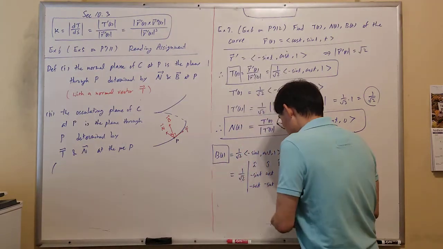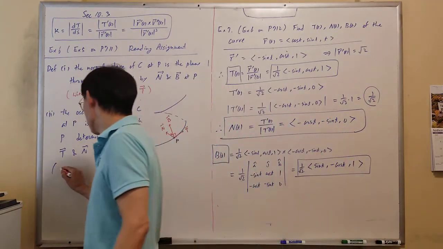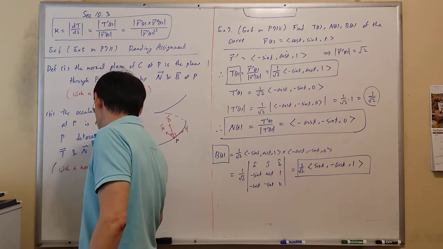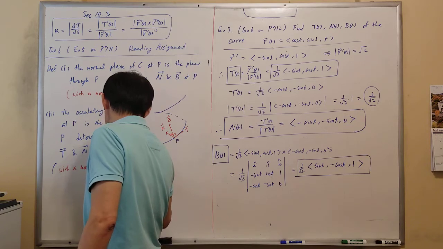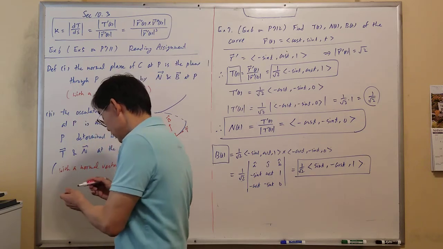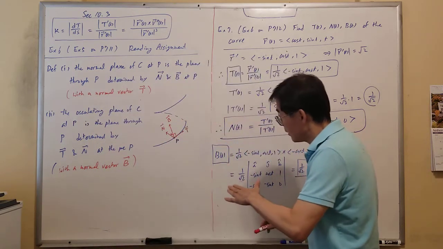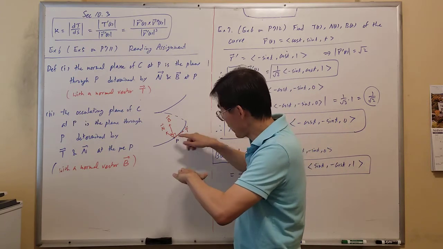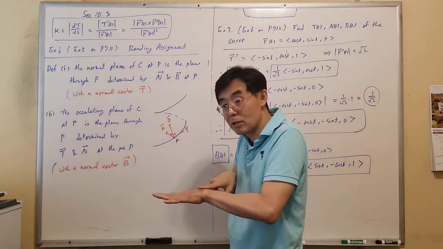So a plane with normal vector B. Okay? Osculating plane. So the thing is that your osculating plane is where your curve is tangent, right?